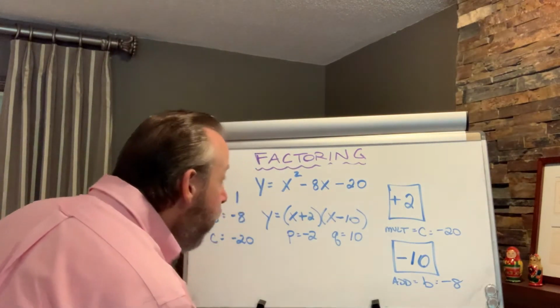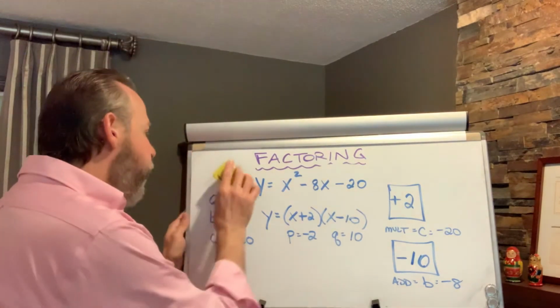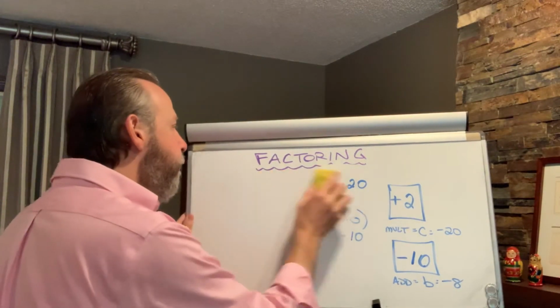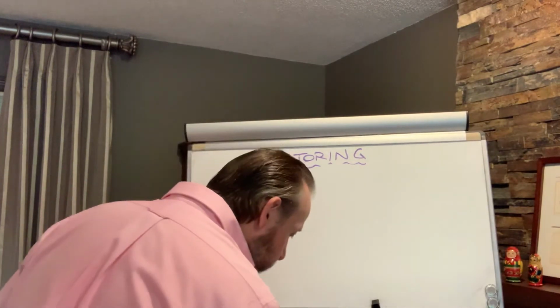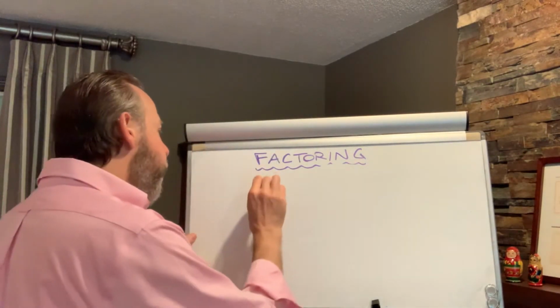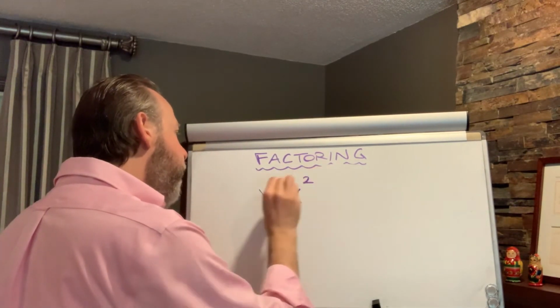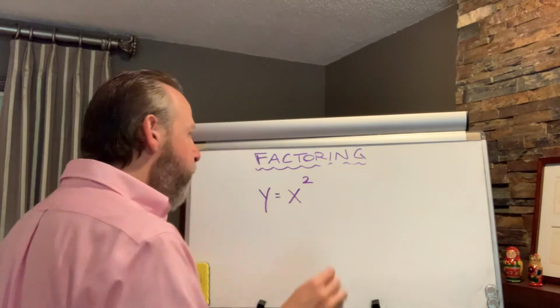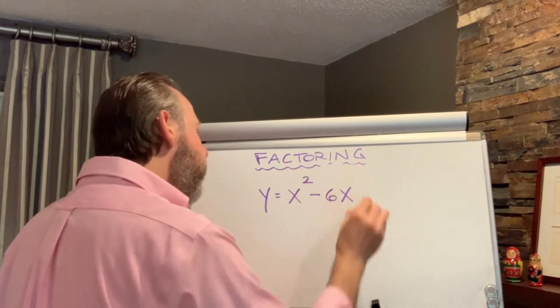Now, what you have to do, one prompt for homework, which you should do right now and just get it done. Here it is. Are you ready? Write it down. Y equals x squared minus 6x.